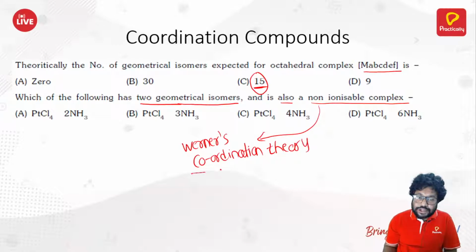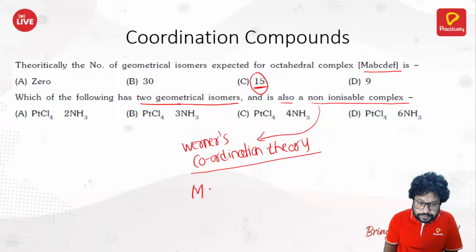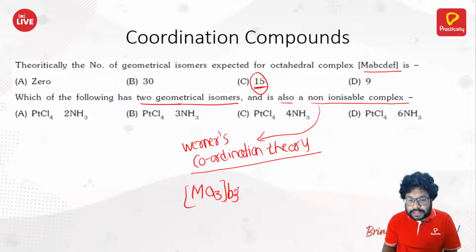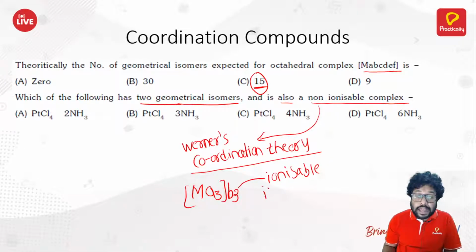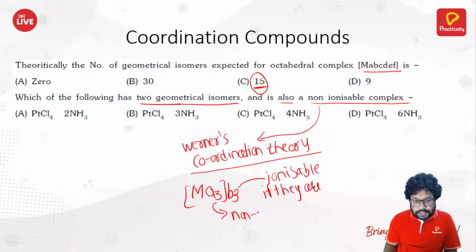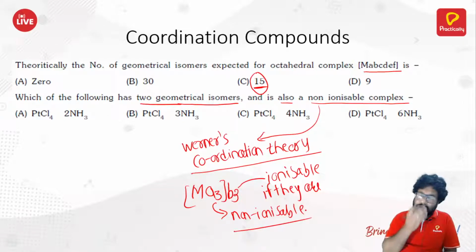And what does this theory say? Suppose you have a complex like this, M, A3 and B3. Then these B3 are ionizable if they are outside, and this is non-ionizable. It is always like that. Let me give you a simple example of it.